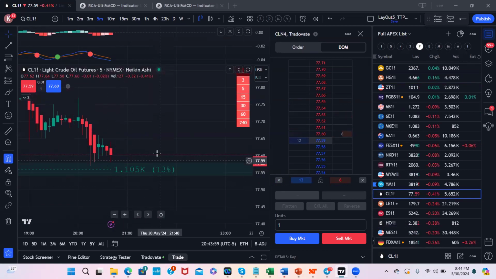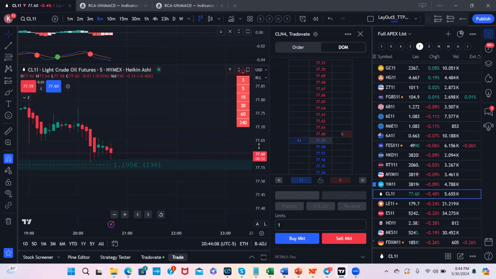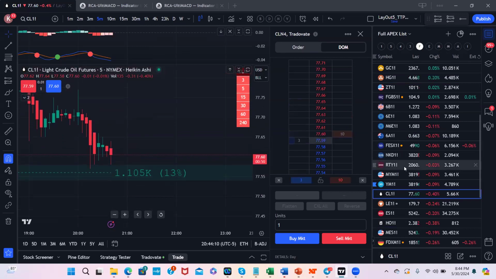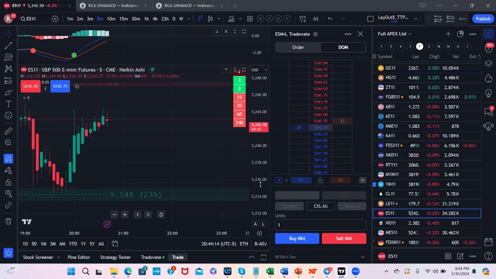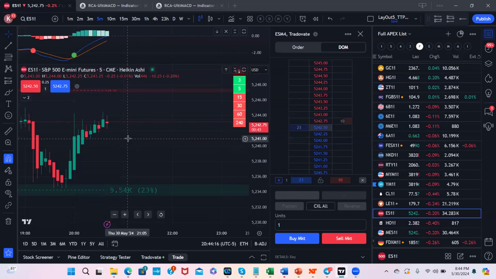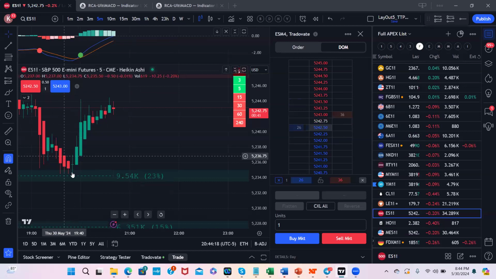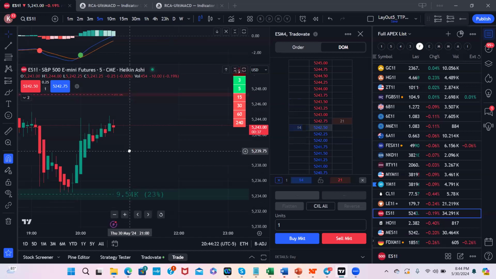Now we have a big order block. In case we get a buy signal here, it can start going up. When it touches the order block, and then it started going up.